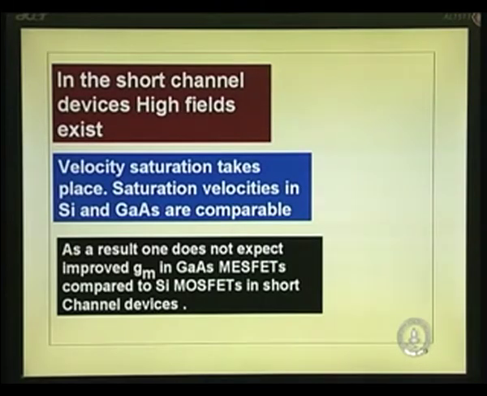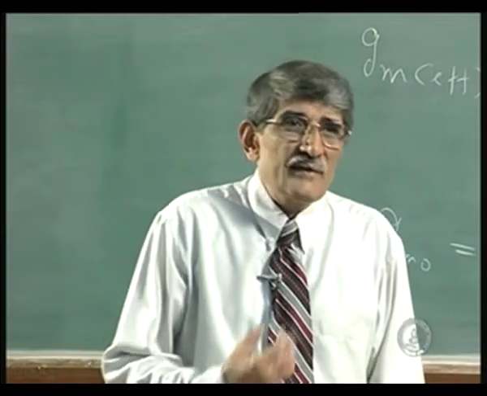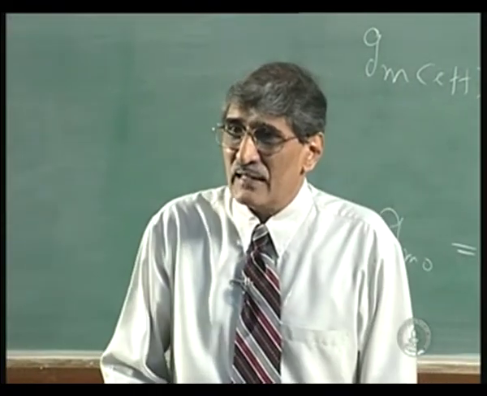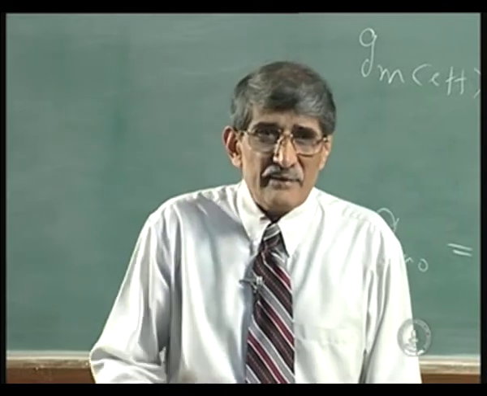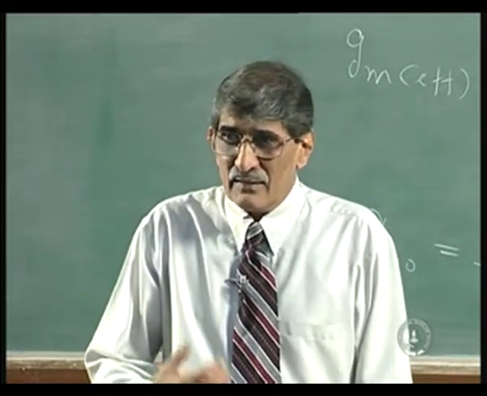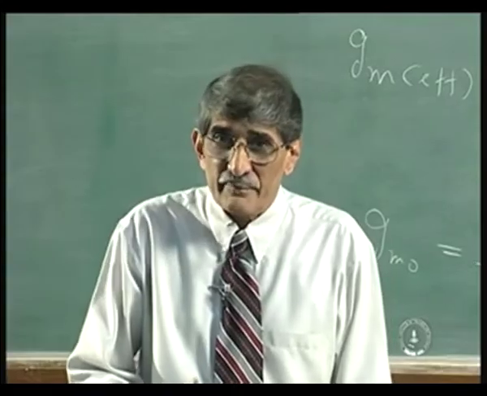Now, if the velocity is saturated, Qn into Vs is the current density. So if Vs is the same for silicon and gallium arsenide, you won't get the benefit, because currents are the same, and transconductance will be the same.